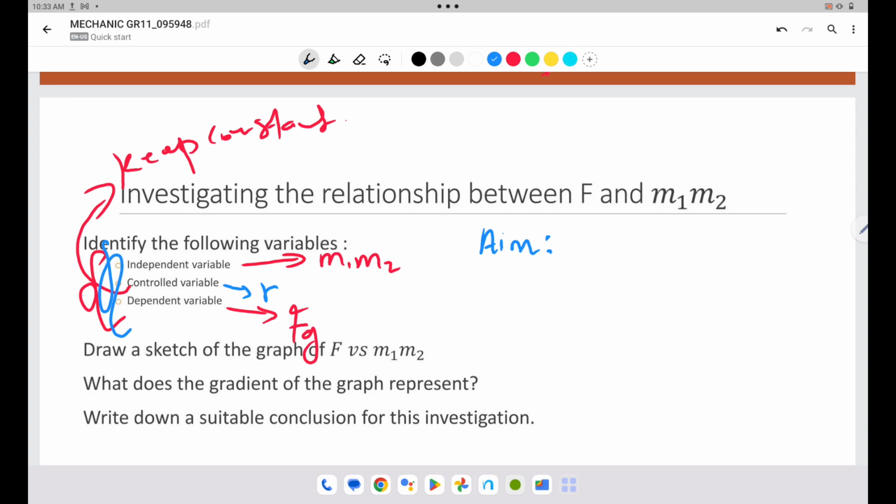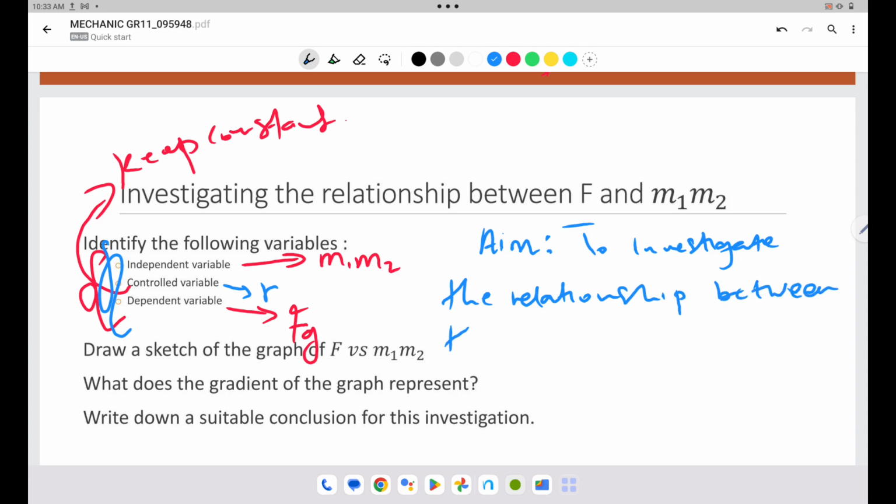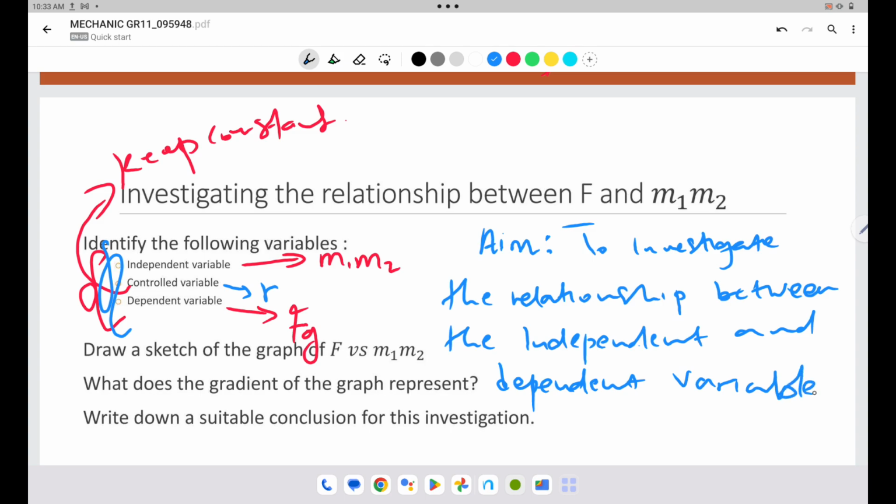So your aim always takes the form: to investigate the relationship between the independent and dependent variable. Okay, so this is the skeleton.